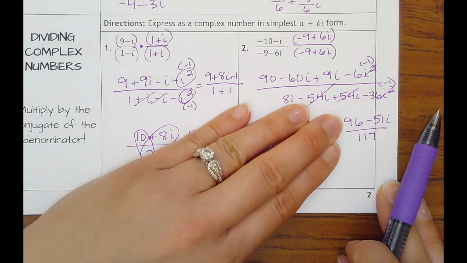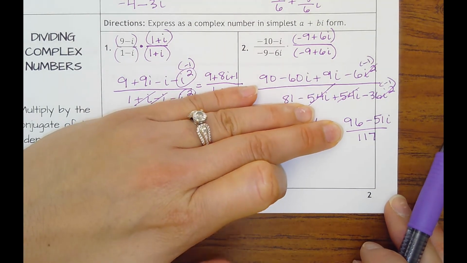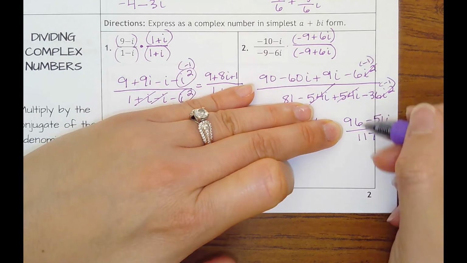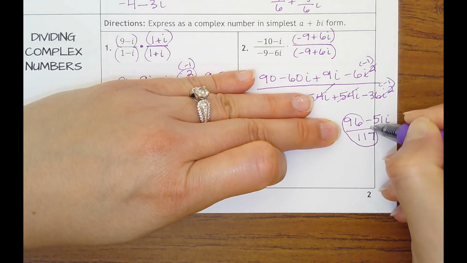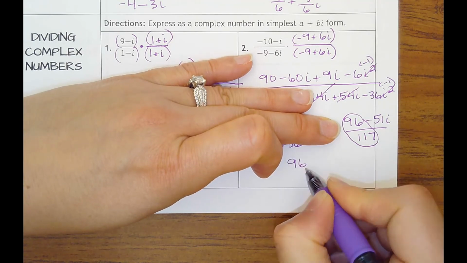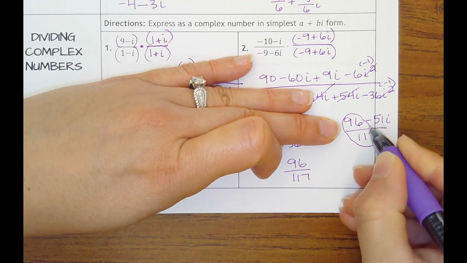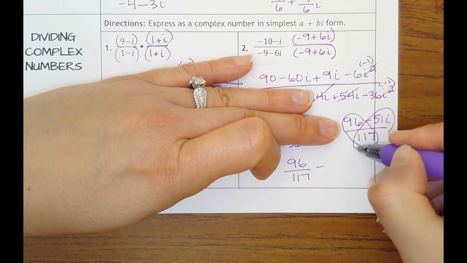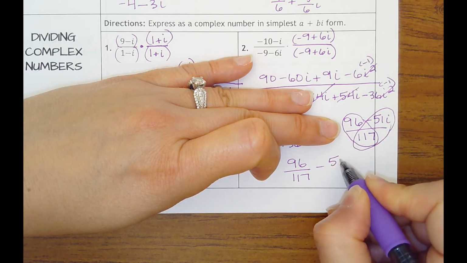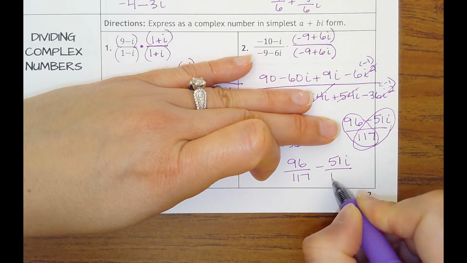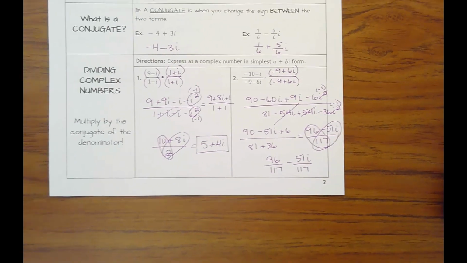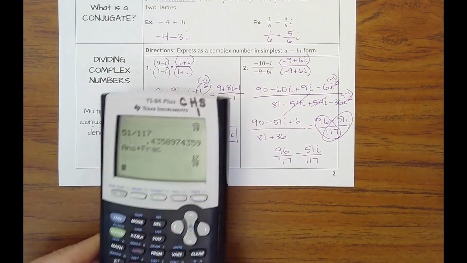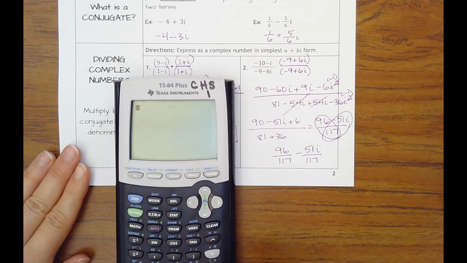Okay, so what do you do from here to get an answer? Well, you can figure out if this has a common factor. You could divide out first or go ahead and split it into 2 fractions. We would have 96 over 117 minus 51i over 117. And then what I would do, since those are such weird numbers, is take my calculator and try dividing it.